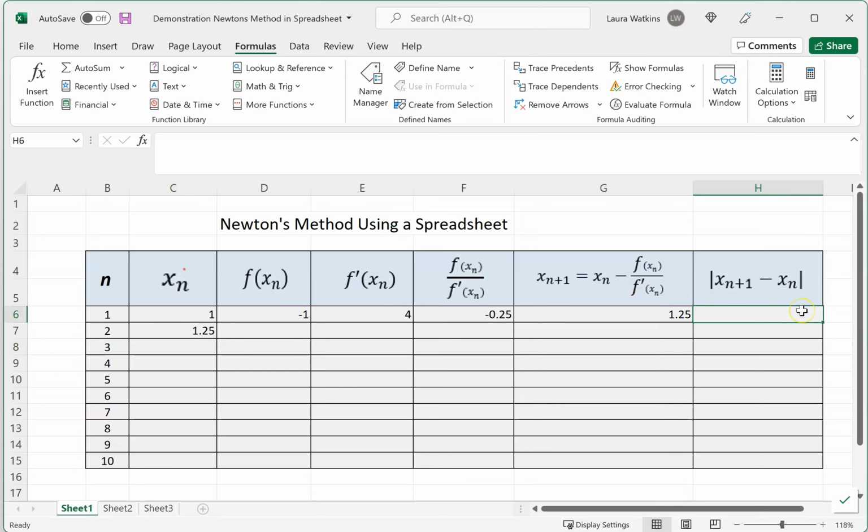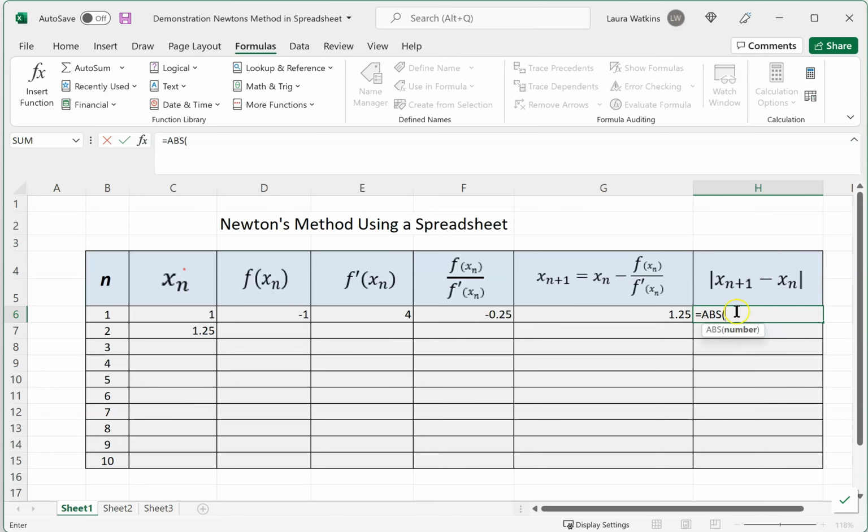Now, we want to know how far apart these iterates are, because the closer and closer they get, that difference is going to get closer and closer to 0, and we'll know that we're converging on the solution. So in this last column, in the first row, we want this to equal the absolute value. Spreadsheets have an abbreviation for absolute value. It's ABS.